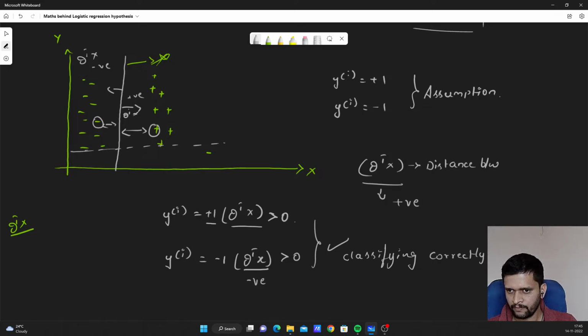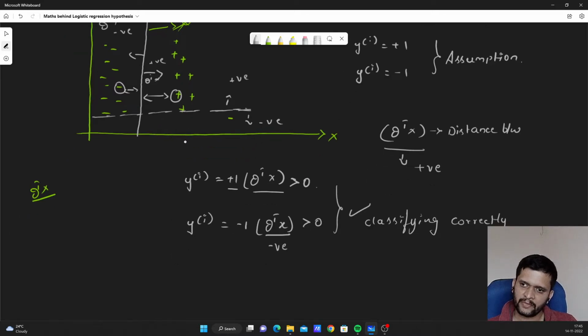Now whatever values are above this line will be treated as positive class, and the values below this line will be treated as negative class, okay.